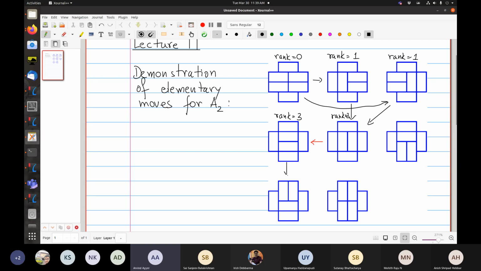So this will give you rank 4, and so will this. And then from either of those you flip the other vertical and you get this guy, which is rank 5.